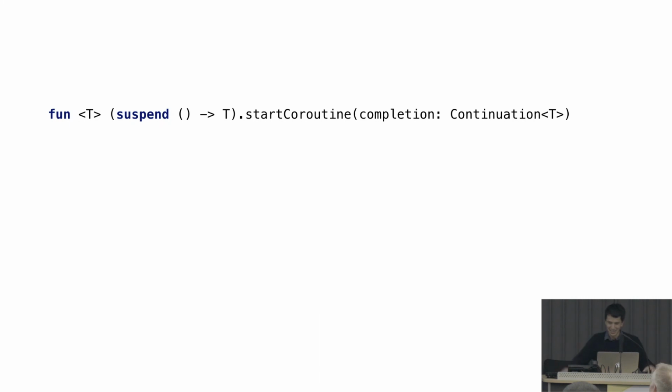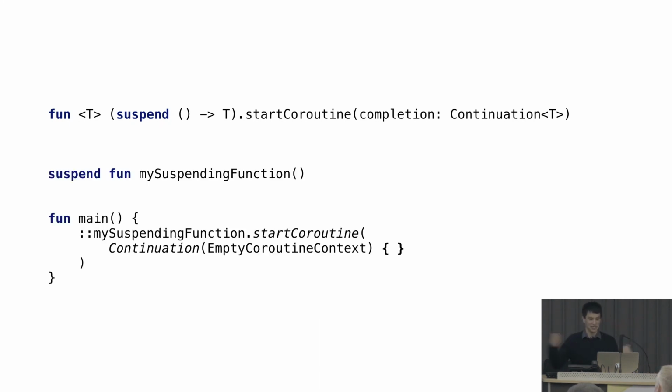It's got kind of a weird method signature, designed for the library essentially, but it's an extension on a suspending lambda. If you have a suspending function, you can refer to it, call startCoroutine, and that coroutine starts. Great, that's it.